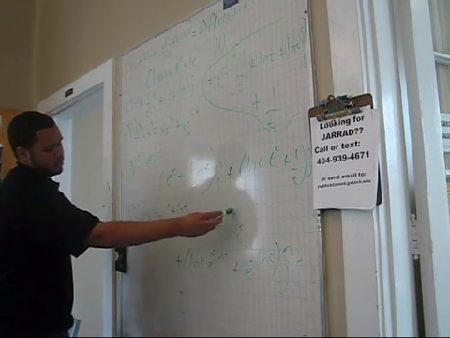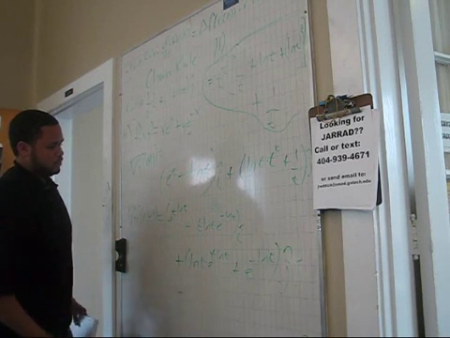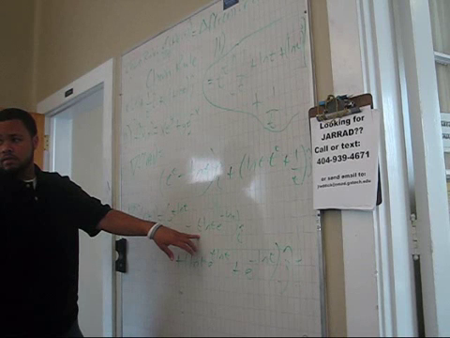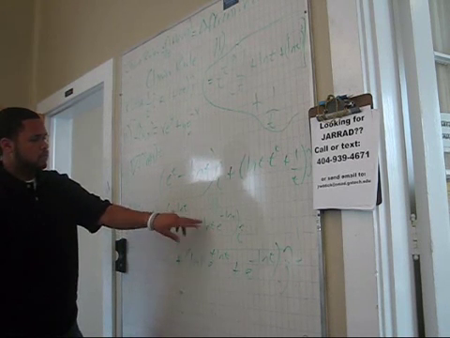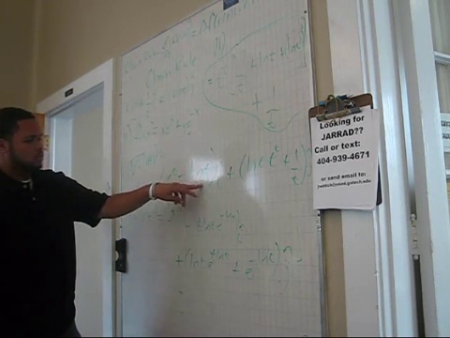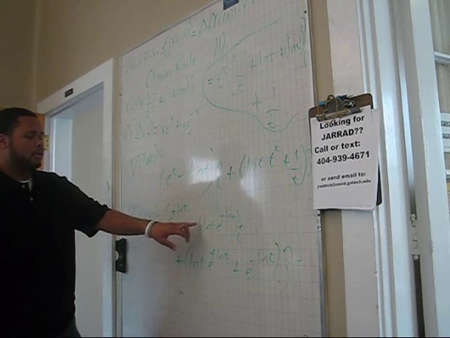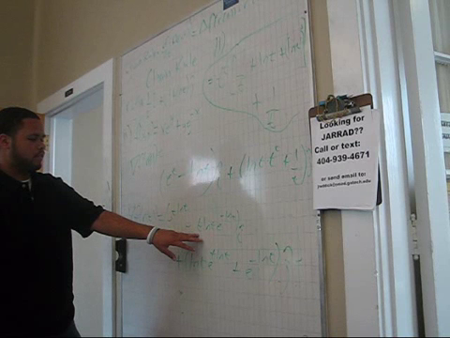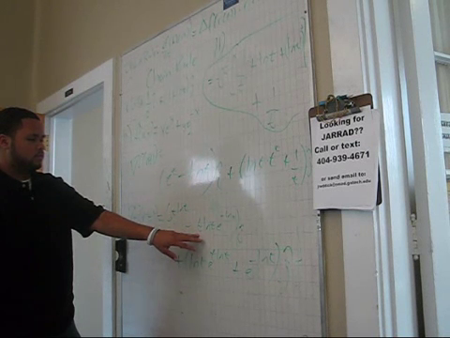That whole section changed to t ln t, e to the ln t to the minus 1. So you had t to the minus 1, which canceled out the other t, and you're left with ln t.